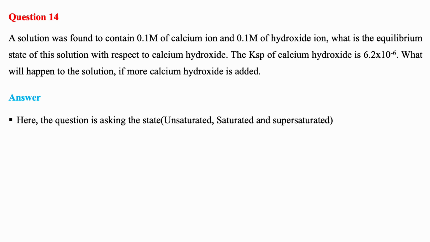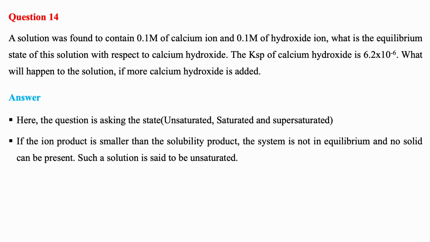So we need to determine whether you have unsaturated, saturated, or supersaturated. If the ionic product is smaller than the solubility product, then the system is not at equilibrium, and more solid can dissolve. Such a solution is said to be unsaturated because the ionic product is less than the KSP.